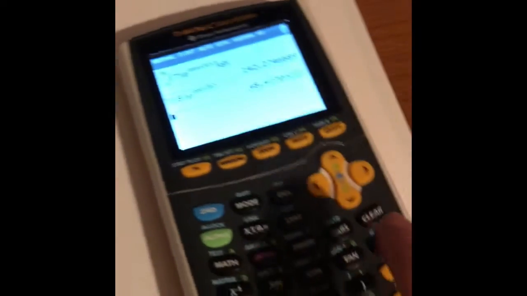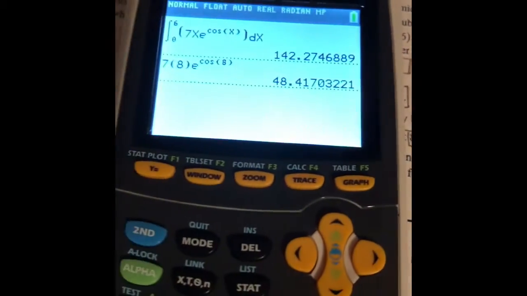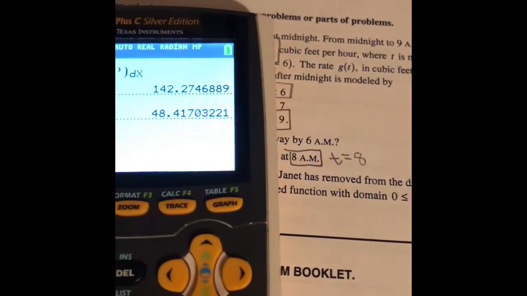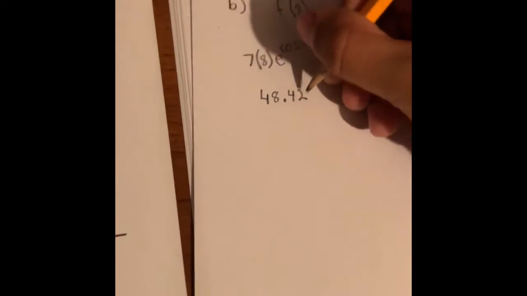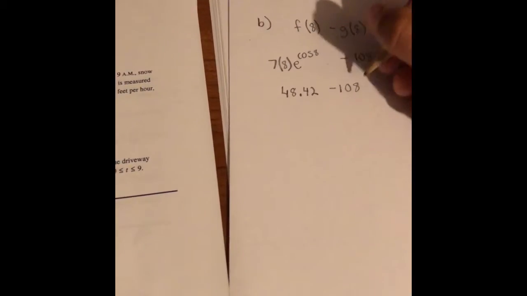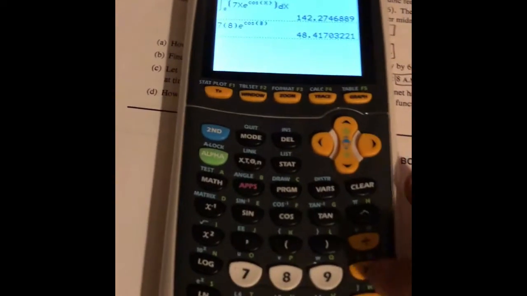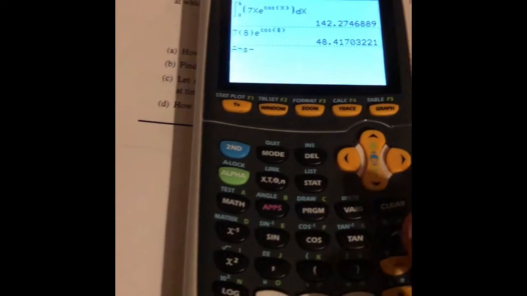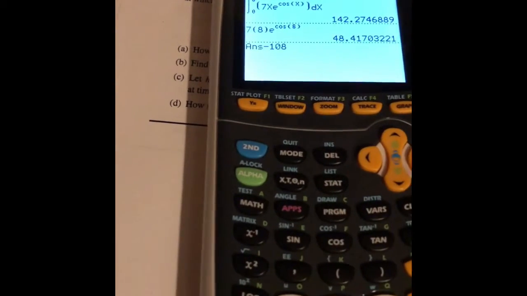So you see we get 48.42 minus 108, and then we can just subtract that.